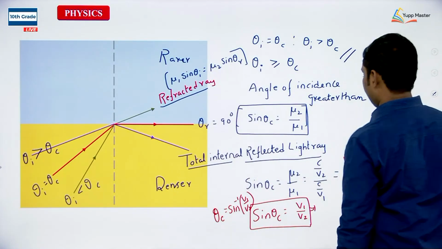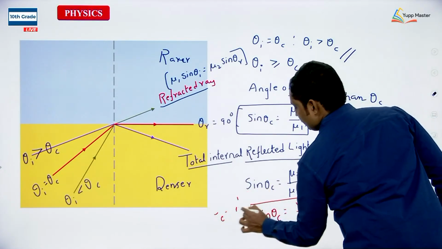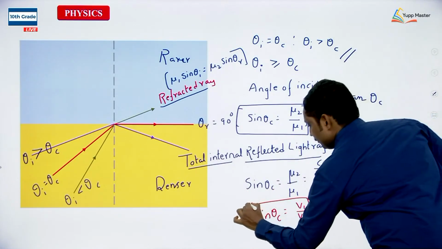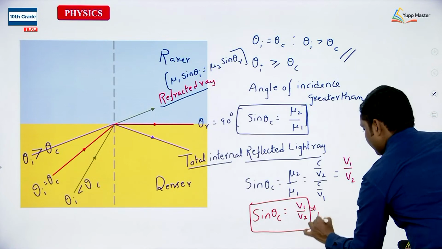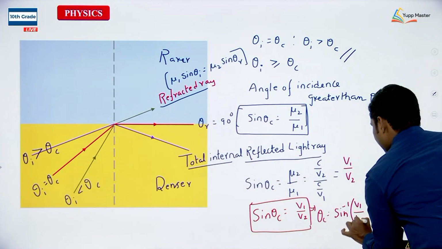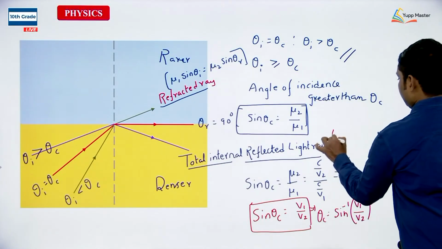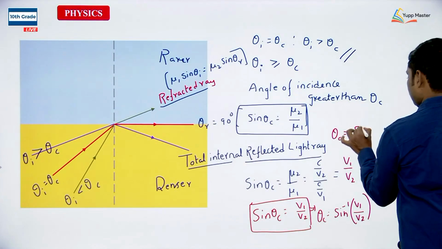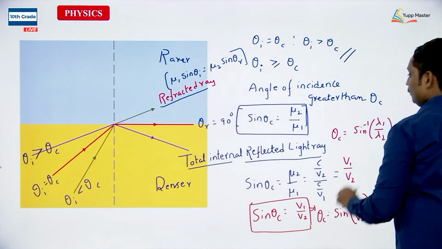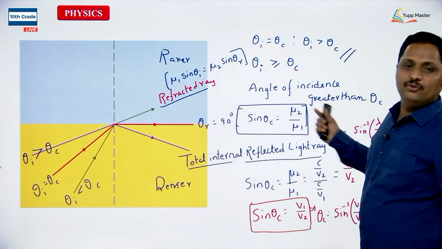It is going to be identified. Very clear. That implies theta c is equal to sin inverse of v1 by v2, or sometimes theta c is equal to sin inverse of lambda 1 by lambda 2 also. All of you can have the concept and solve many problems.